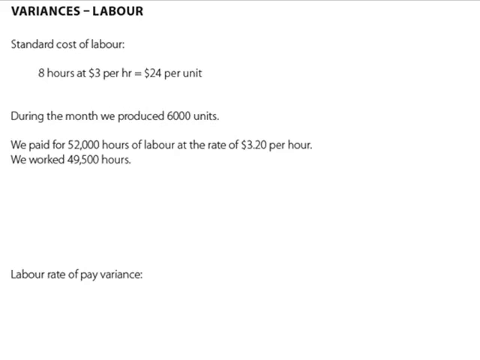Let's check, see who remembers. But again, it is just learning. It's always the same. I've listed the 3 variances. First of all, labour rate of pay. How you learn them is up to you, but effectively it's the same logic as materials expenditure. To check on the rate of pay, it should be $3 an hour, you take the actual hours we paid.